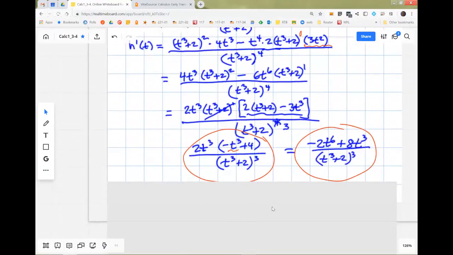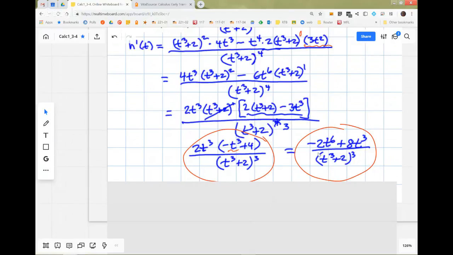Yeah, either one of those circled ones. What happens is, do you see how one of those t cubed plus 2's, that's this one right here, canceled with one on the bottom? So I was able to cancel that t cubed plus 2 with one of the t cubed plus 2 terms on the bottom.